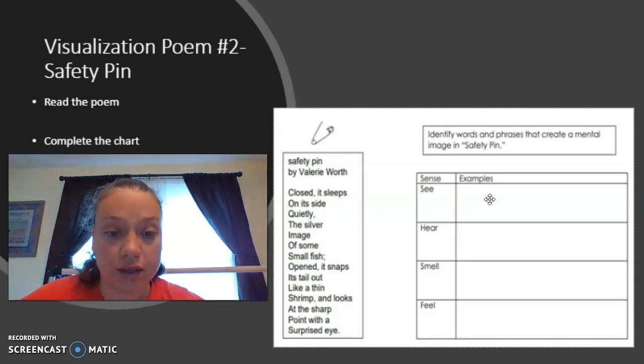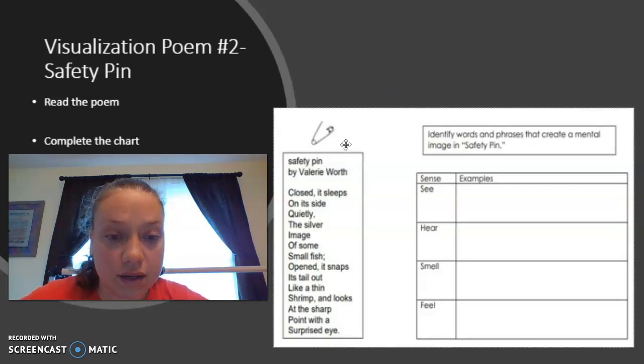Okay, so here is a poem about a safety pin. It says, closed as it sleeps, on its side quietly, the silver image of some small fish. Opened, it snaps its tail out like a thin shrimp and looks at the sharp point with a surprised eye.